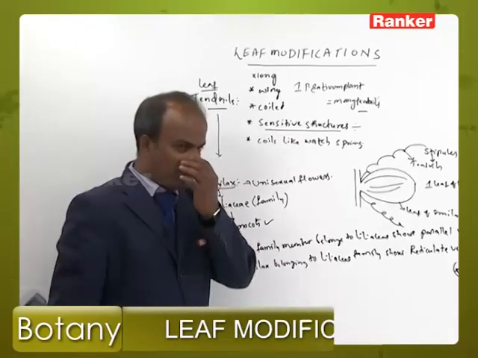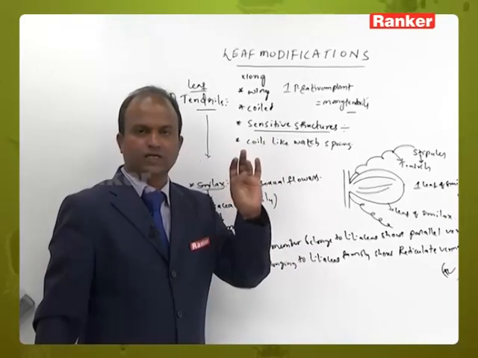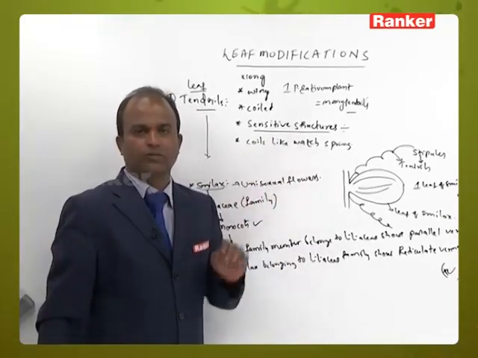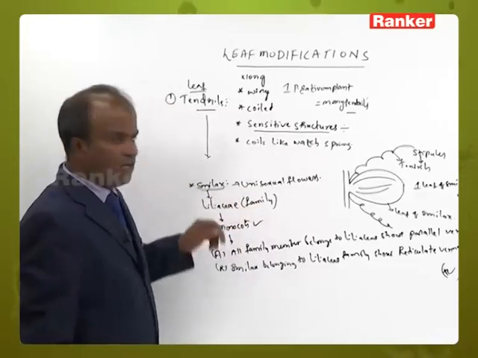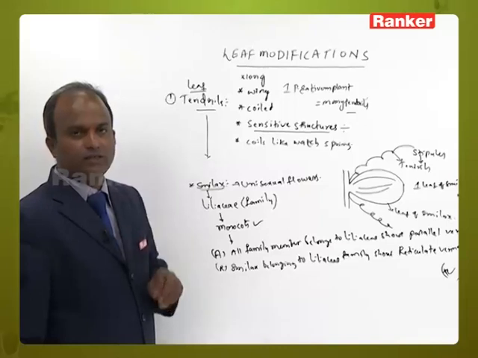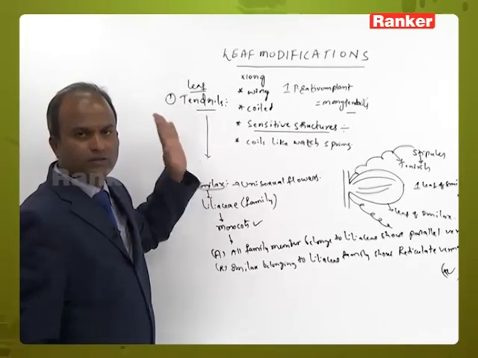The first example is Pisum sativum, the second Lathyrus sativus, the third Gloriosa superba, and the fourth Smilax zeylanica. So we completed tendrils.